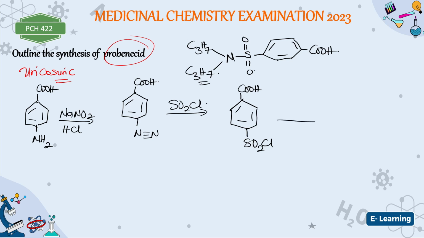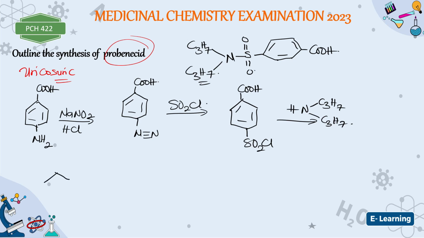Now this SO2Cl will react with this part. We now have to introduce this part into the structure. Introducing this part means we will need N, C3H7, C3H7 with hydrogen, so that the hydrogen can react with this.